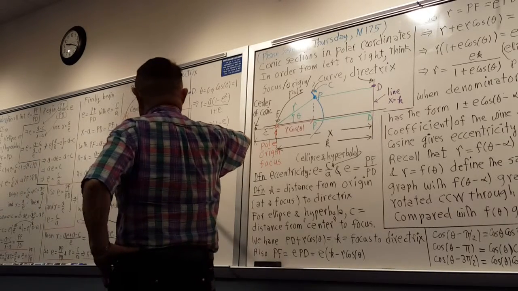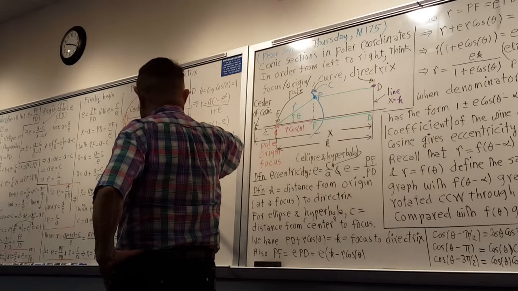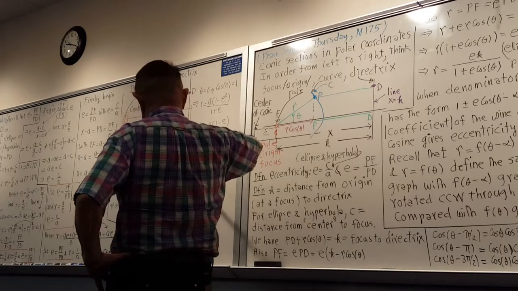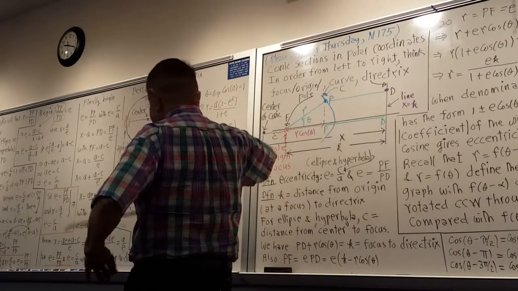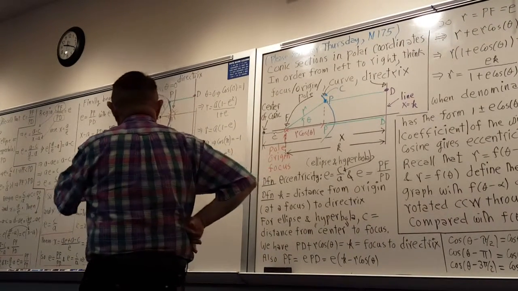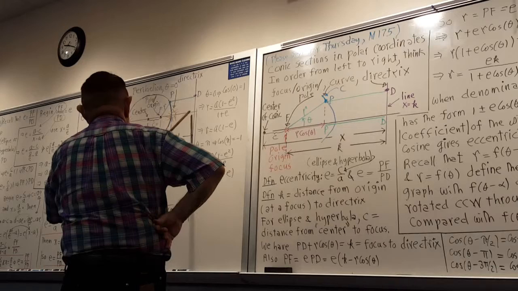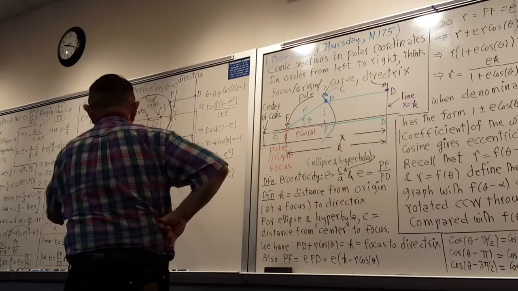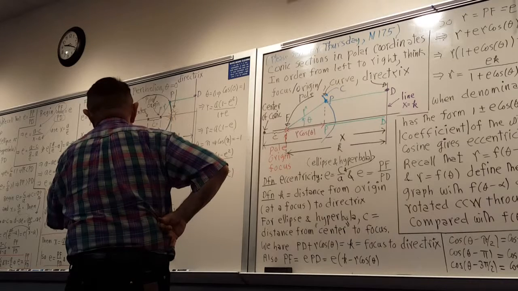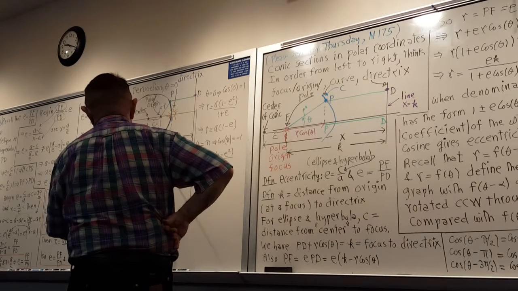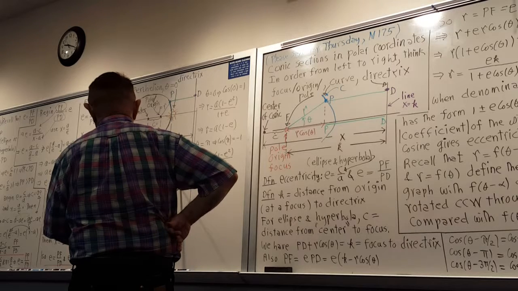Notice that if E is C over A, and you put C over A there, then A over C over A is A squared over C. So the X is also A squared over C. So if you go back to here, the K is the X minus the C, so it's A over E minus EA. So you can factor the A, and it's 1 over E minus E, or it's A times 1 minus E squared over E.